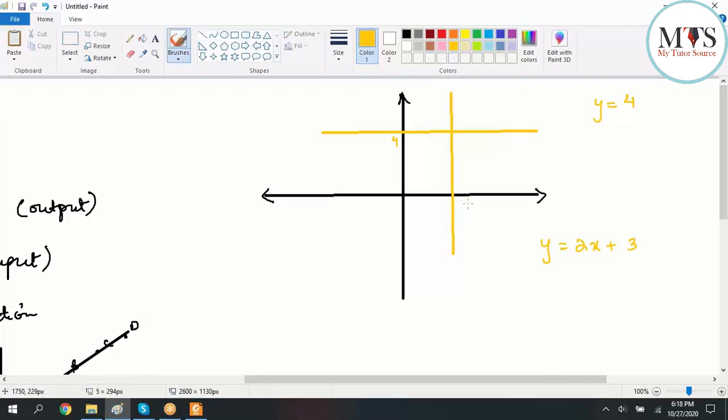If it was x equals 2, this would also not be a function. So in order for it to be a function, there has to be a relationship on that straight line as well.